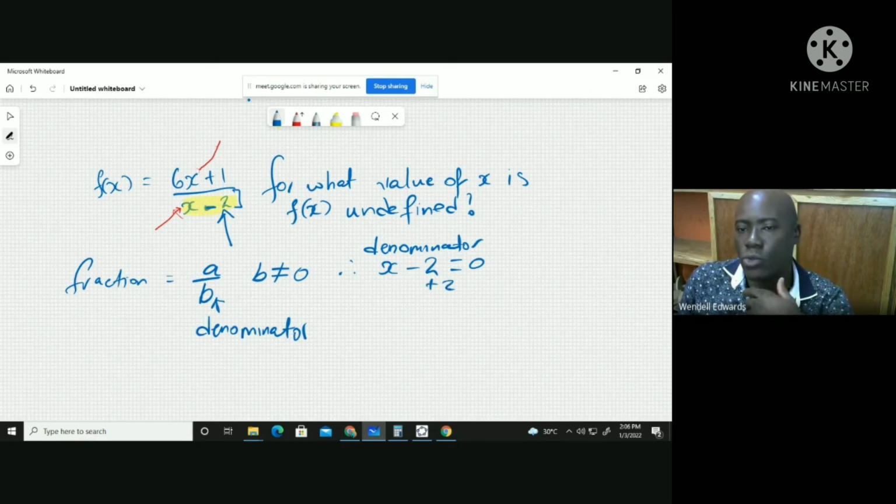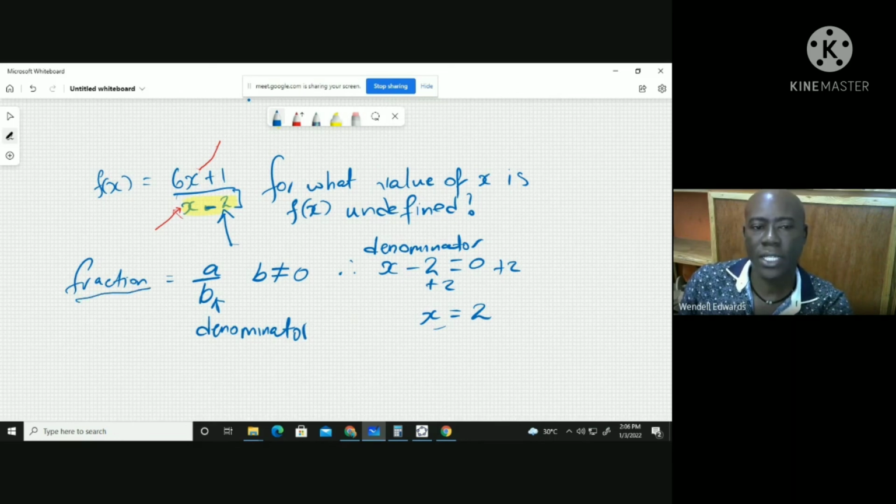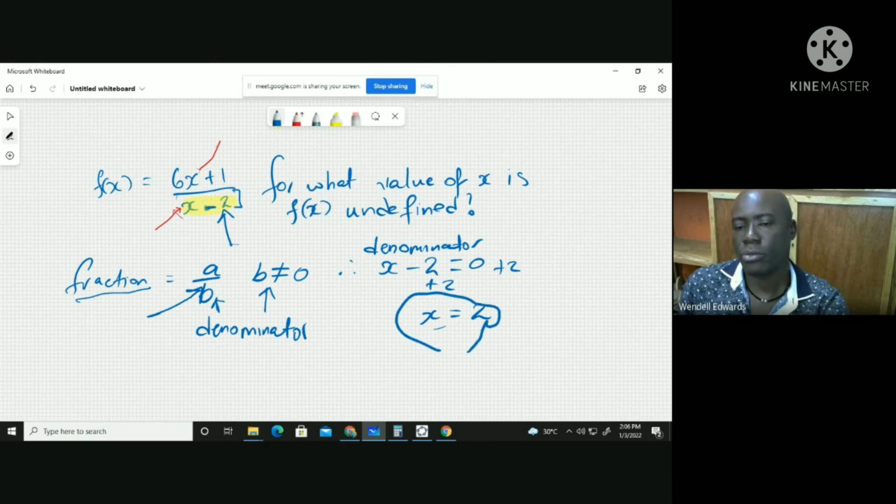So we're adding 2, x is equal to 2. So this is saying if I substitute 2 for x in this function, the denominator will become 0. And as we could see, in a fraction, the denominator cannot be 0. So in this case, x is equal to 2.